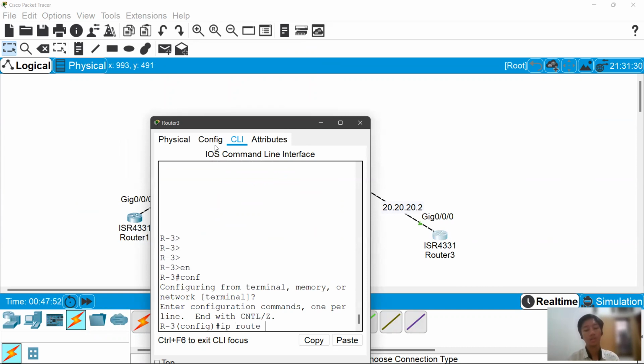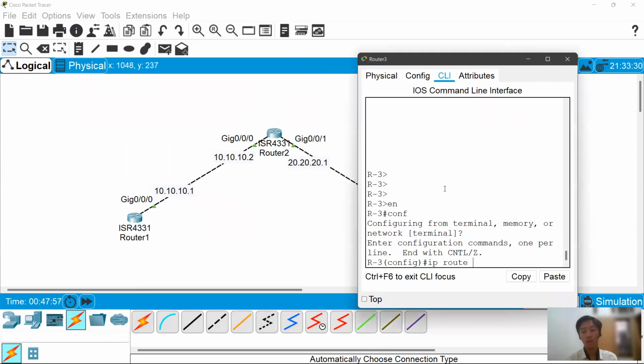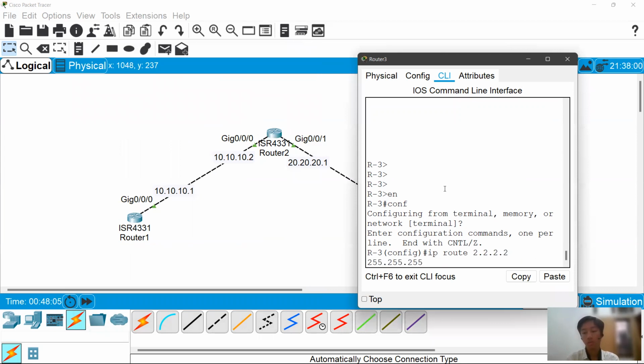IP route, the loopback in router 2, subnet mask and gateway. The gateway is 20.20.20.1.